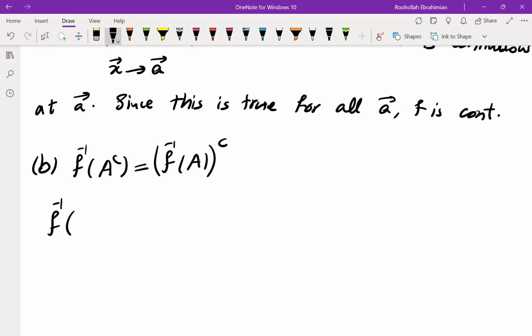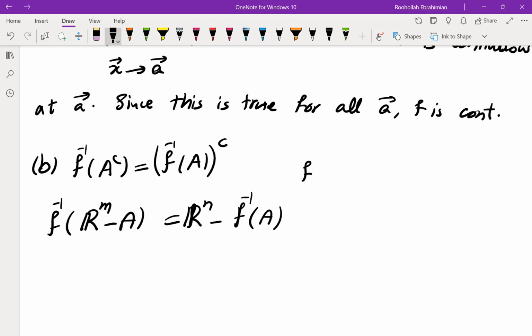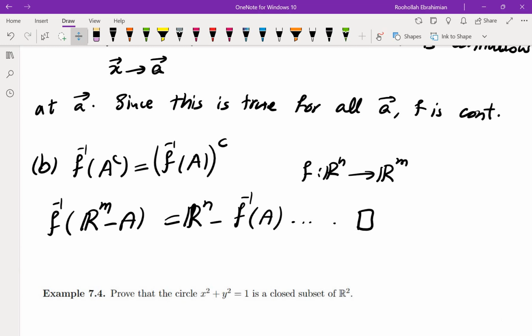So this one is f inverse of Rm minus A, and the other side is Rn minus f inverse of A. And this f was from Rn to Rm. So you use that, and with this you can get the proof of this one. There is some work to be done, but that's basically the idea: use part A and use the fact that the complement of open is closed, and the complement of closed is open.